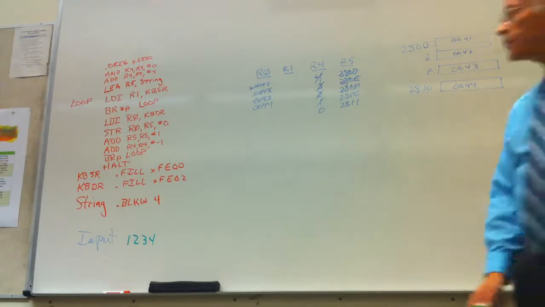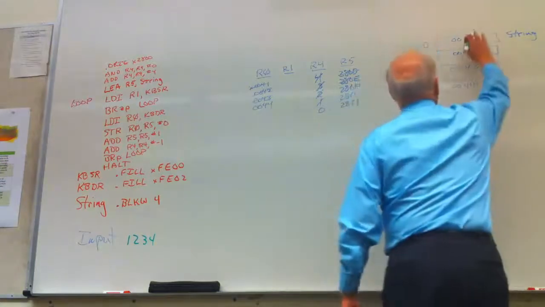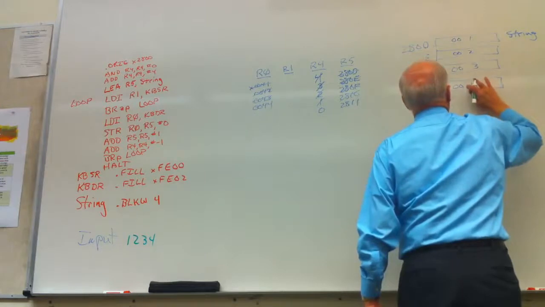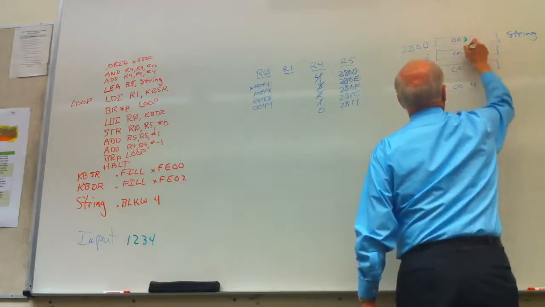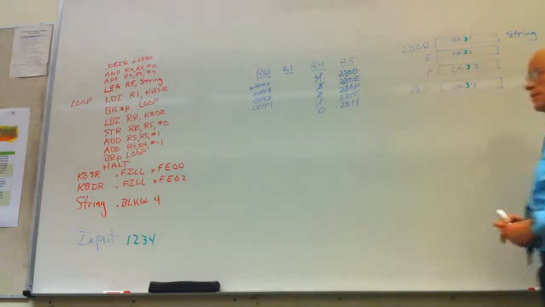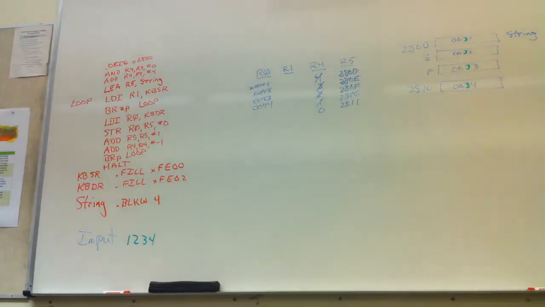Yes. So what I would get, these things with just 3s in them instead of 4s. But I want the integer value, 1,234, in one memory location.